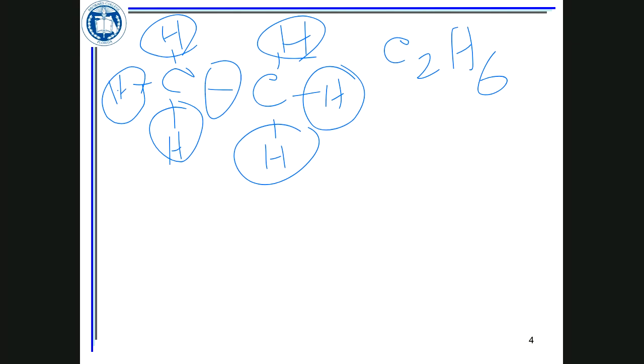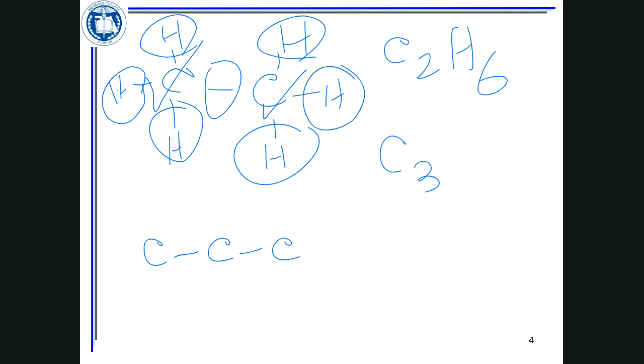Then we need 3 hydrogens for the carbon on the right side and 3 hydrogens for the carbon on the left side to satisfy the octet rule, or 4 bonds, for each carbon. Now, if we have 3 carbons, how many hydrogens must we have to satisfy each carbon with 4 bonds, or the octet?